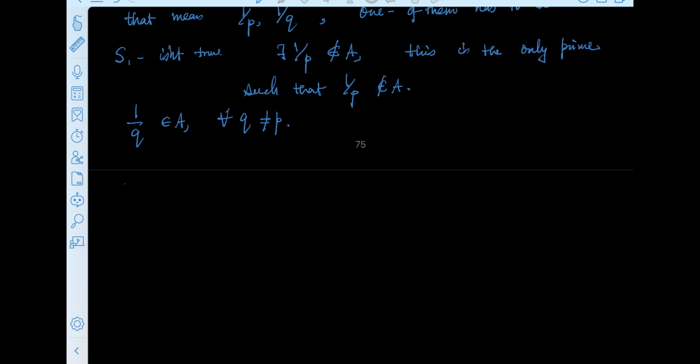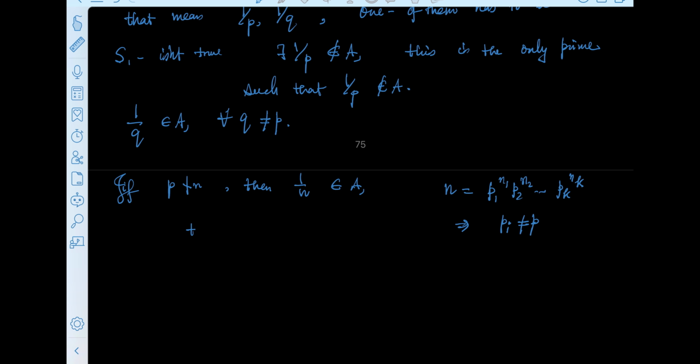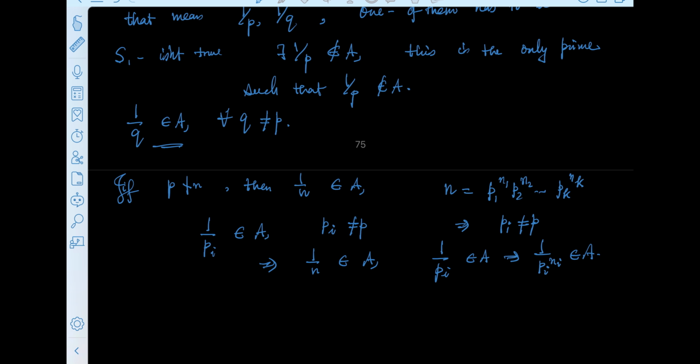So if P does not divide N, then 1 by N is inside A, because N has a prime factorization, and P does not divide N implies none of them is P. As we showed before that 1 by Q is inside A, so 1 by Pi is inside A, as Pi are not P, so that will imply 1 by N is inside A. Because as 1 by Pi is inside A, then we can take any power, as this is a ring, and then take the product over distinct i's.